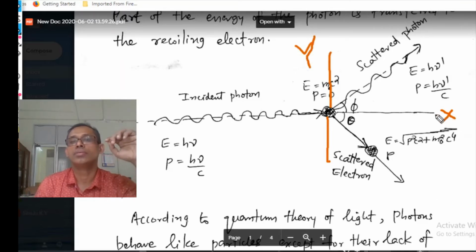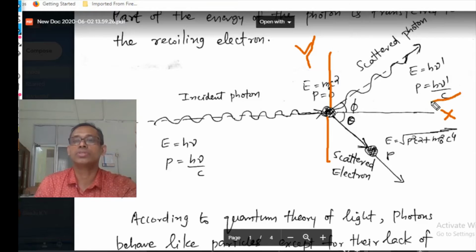So along the x direction, before scattering the total momentum is h nu over c plus 0, and the total momentum after scattering has components.